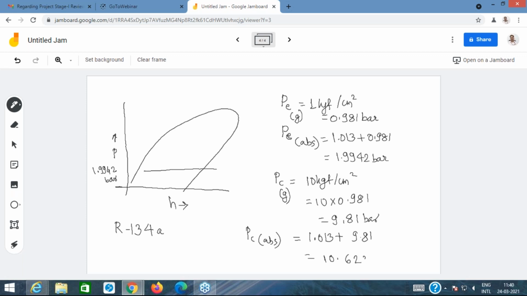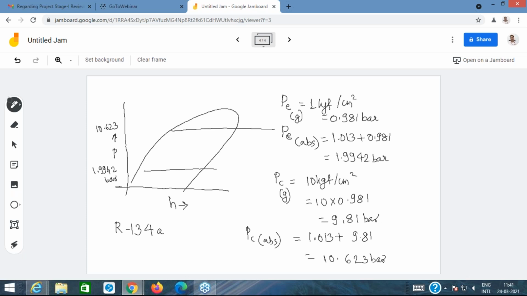Once I get the condenser pressure, I can easily plot it on the pressure enthalpy diagram. So this is the pressure corresponding to 10.623 bar, and now I have two lines.